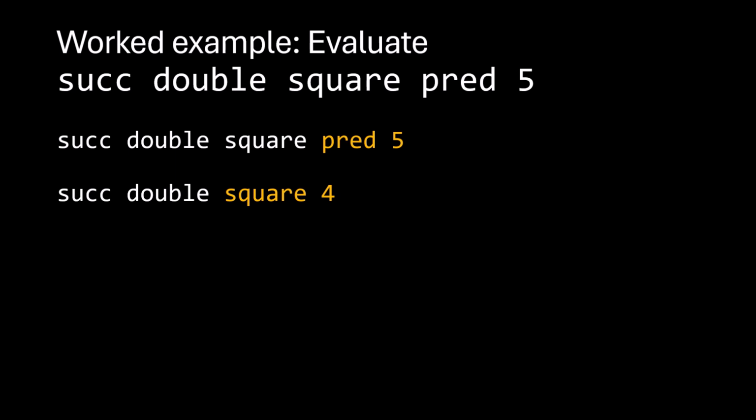Then we take the result of that and apply the square function to it. So we square the value of 4, which is 16. Then we apply the double function to the result. So double 16 gives us 32.